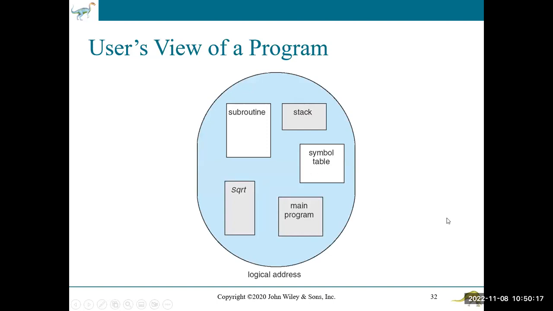So in terms of the user, and developer, application developer, you have memory allocations that are framed with, did you guys do any of this in your CSC 242 class? Data structures?